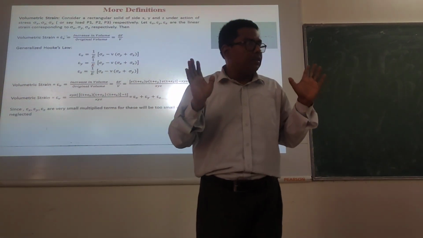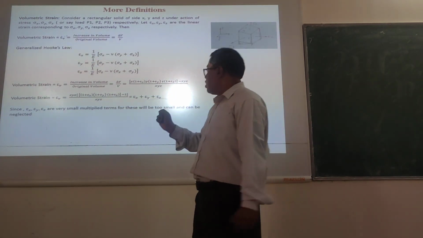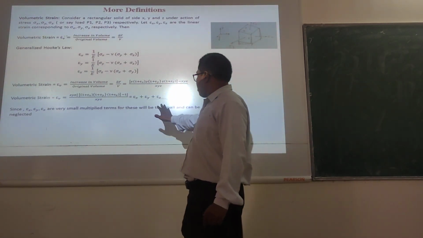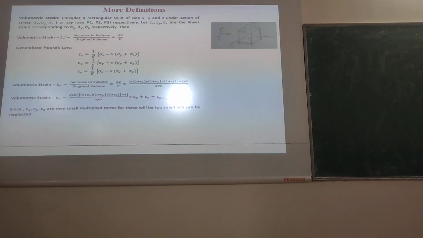It's very simple, so write it and practice it. This is the volumetric strain concept: epsilon x, epsilon y, epsilon z. Poisson's ratios are also included inside these epsilons, because from the generalized Hooke's law you can see Poisson's ratio is included. So you need not worry about Poisson's ratio here.